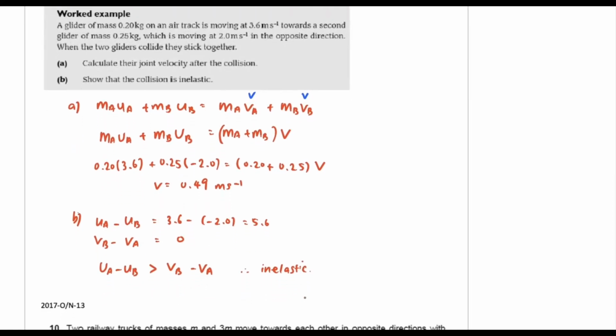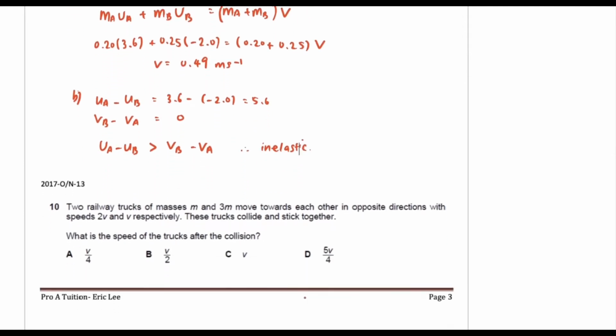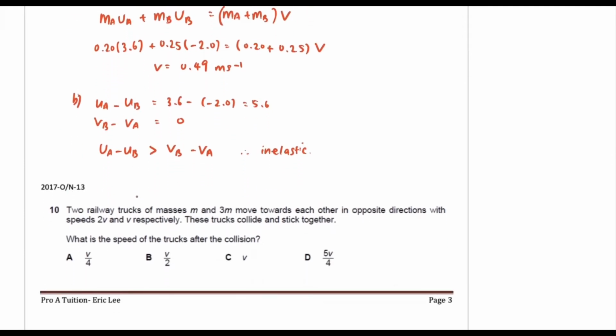Let's see the past paper here. Two railway trucks of masses M and 3M move toward each other in opposite directions with speeds 2v and v, respectively. You have to know that since they are in opposite directions, one should be negative: negative v for this one, 2v for this one. The trucks collide and stick together. What is the speed of the trucks after the collision? So we just count it: M times 2v, 3M times negative v.